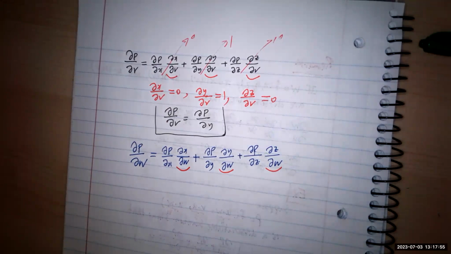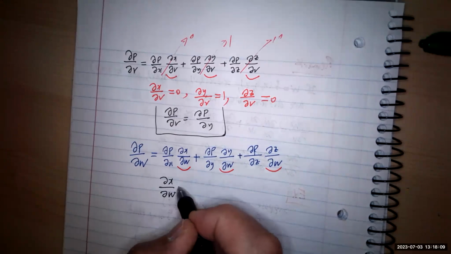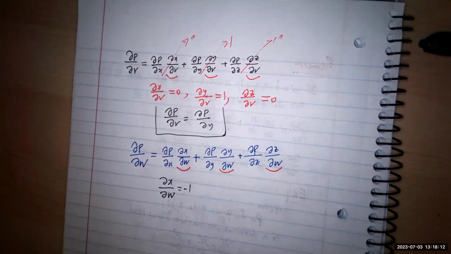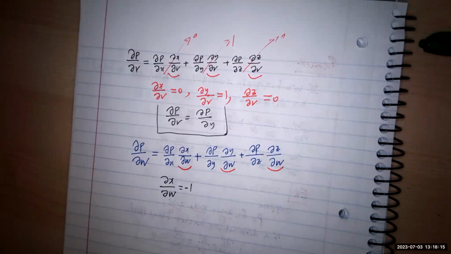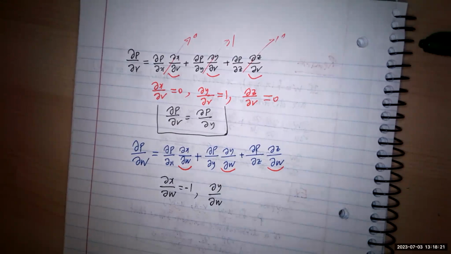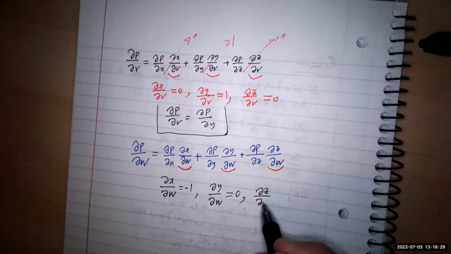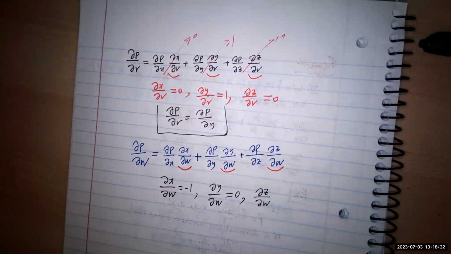Okay, going back to the formula that we did have. X is U minus W. So derivative of X with respect to W is going to be just a -1, because X is U minus W. Derivative of Y with respect to W: Y is V minus U. There is no W in it, so that's 0. And ∂Z/∂W: Z is U minus W, so that's going to be -1.